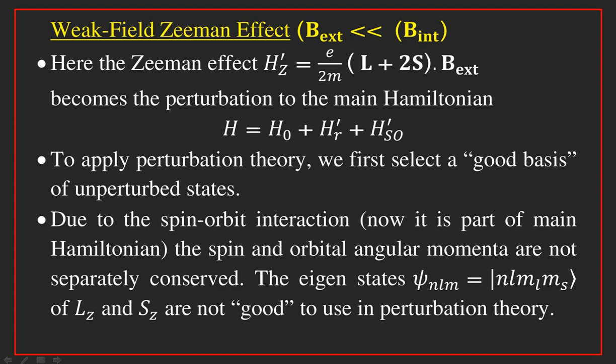Here the relativistic and spin-orbit coupling are of comparable value. So these three Hamiltonians now form the main Hamiltonian. Our new Hamiltonian, the contribution from the Zeeman effect, becomes a perturbation to this main Hamiltonian. Now, as usual, to apply perturbation theory, first we have to select a good basis of unperturbed states.